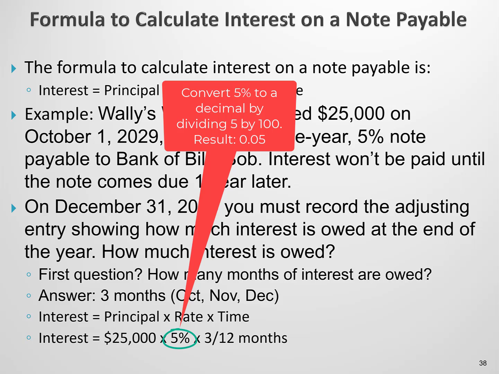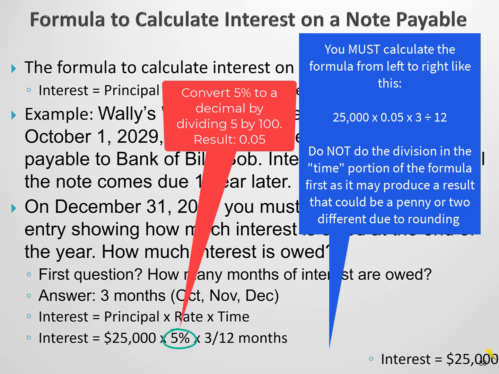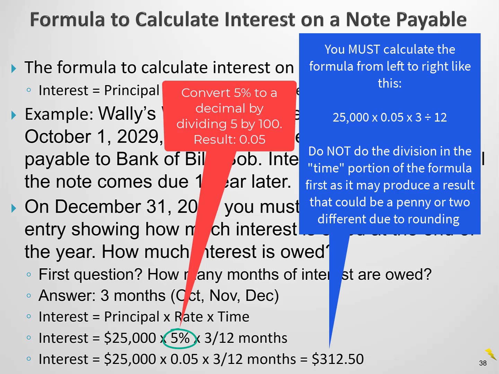There are two ways to convert 5% to a decimal. Take 5 divided by 100, and that gives us 0.05. Or just take the decimal, which is to the right of the 5, and move it over 2 places to the left. The formula becomes 25,000 times 0.05 times 3, and then divide by 12.